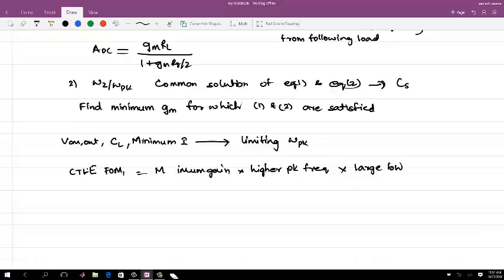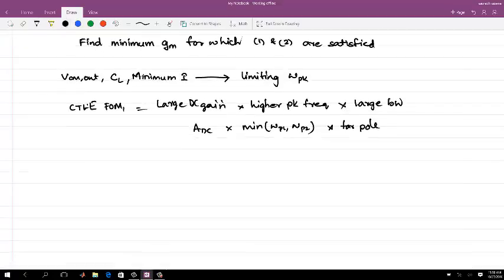Okay, so maximum gain is like the DC gain. Larger DC gain means larger signal swing. If you have a large DC gain, the whole signal swing will be increased. You have the higher peaking frequency, which is the minimum of omega P1 and omega P2. Large bandwidth is the far off pole.